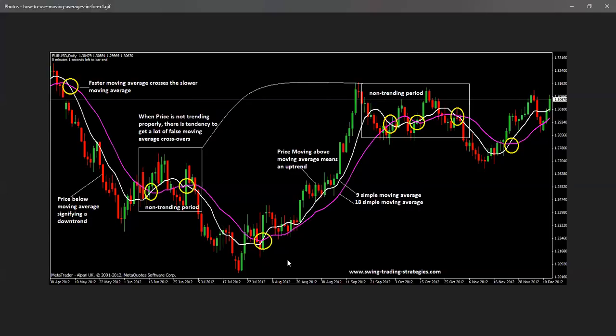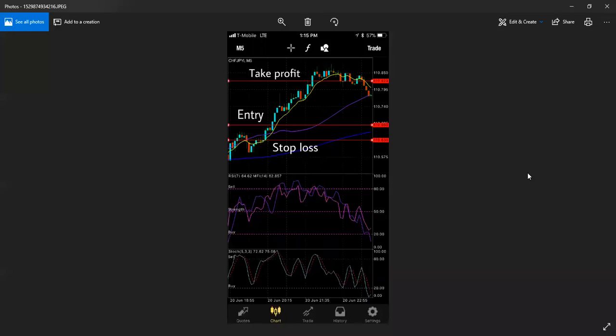Now, where would you get in? Let me stop sharing here, and I'm going to go over with you a few trades that I got into last week, I believe, and show you exactly what you will look for. What you're looking at right here is a 5-minute chart of CHF JPY.